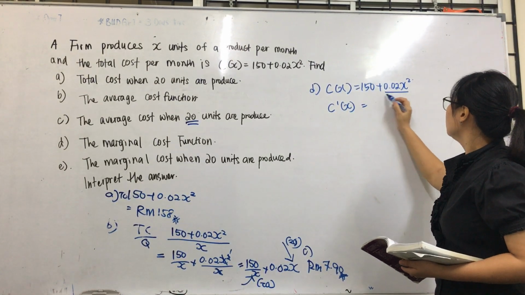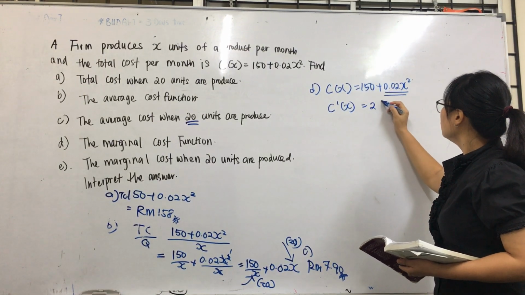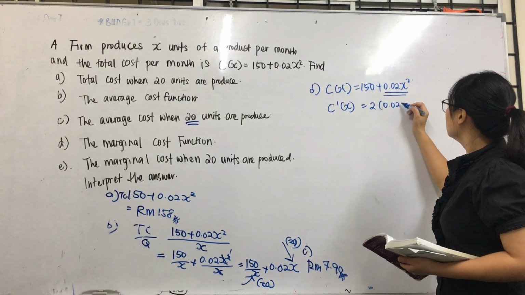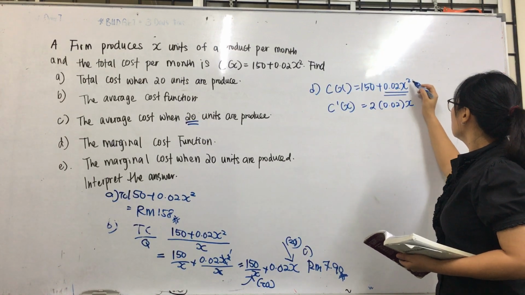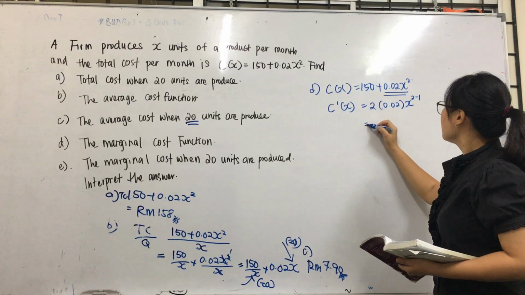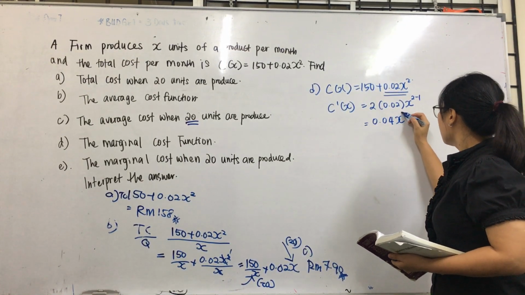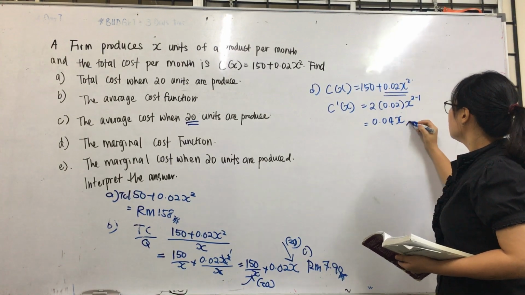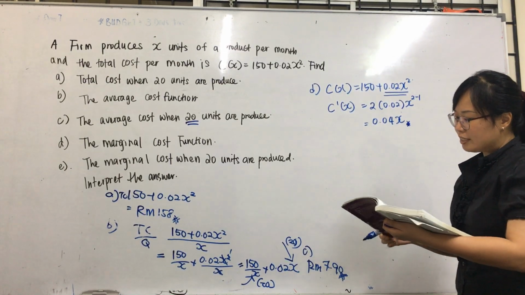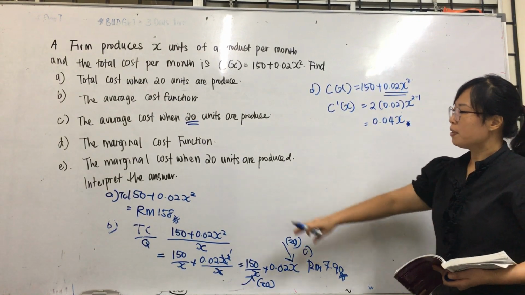You only need to differentiate for this. So 2, put it in front, you get 2 times 0.02 x, and the power 2, always remember to minus 1. So what you get here is 0.04 x. So this one is your differentiation, the marginal cost, okay?